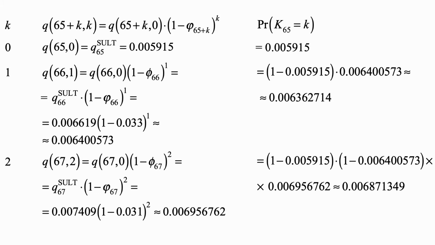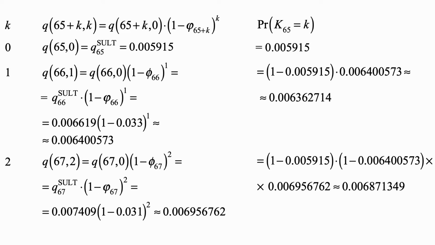So Q of 66, 1 is Q of 66, 0 times 1 minus phi 66 to the power 1. And then Q of 66, 0 is Q66 from the standard ultimate life table. So now we just plug in all the numbers. So it's 0.006619 times 1 minus 0.033 to the power 1, and that's 0.006400573.